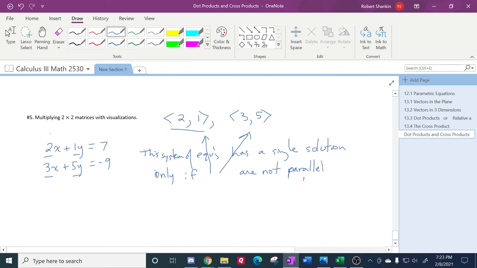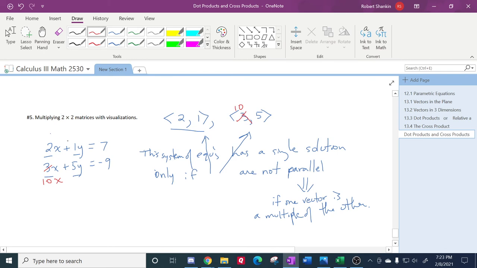Now, how do we tell if they're parallel? If one vector is a multiple of the other. So for instance, see this one is 5 times bigger than this one. If this one had also been 5 times bigger than this one, 10, 5, then these two vectors would have been parallel. This would have been 10x instead of 3x.